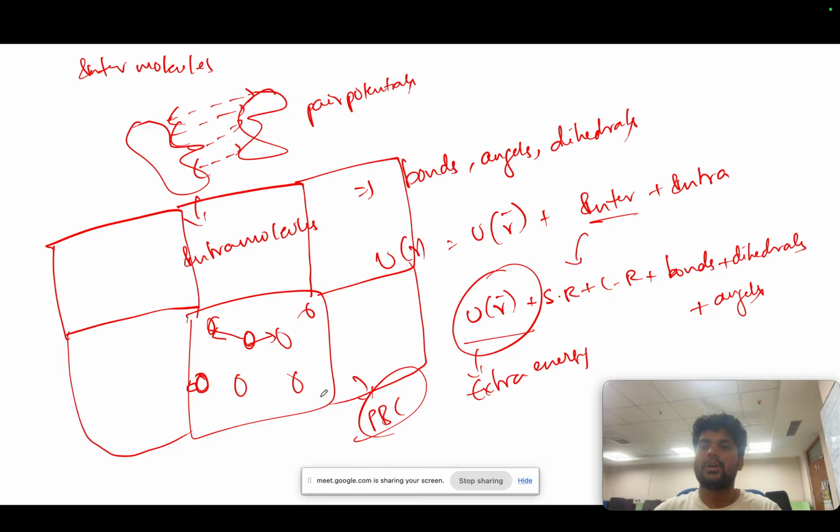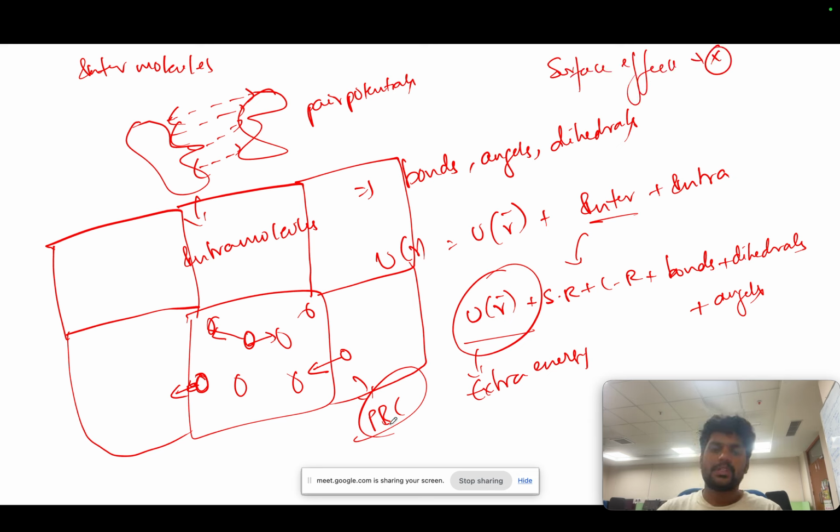It depends upon the formula, and I will explain that part also. In this way you have done the PBC condition, and from the PBC, say suppose if this molecule is going this side, there will be some molecule coming inside. So in this way you have nullified the surface effect.